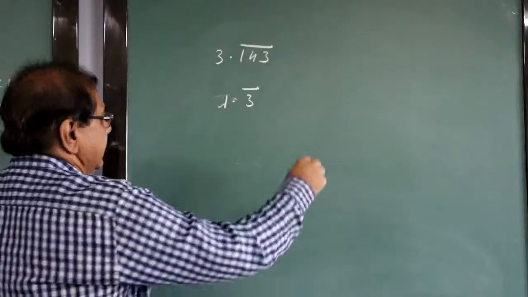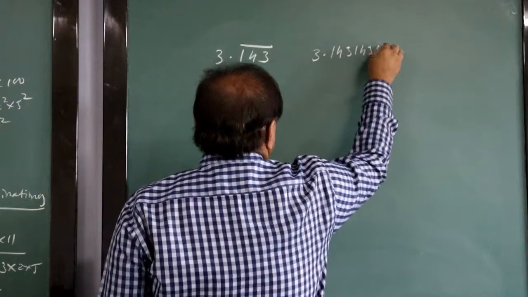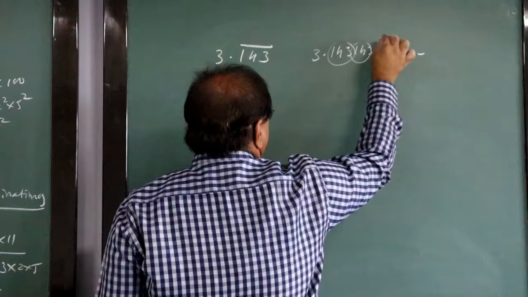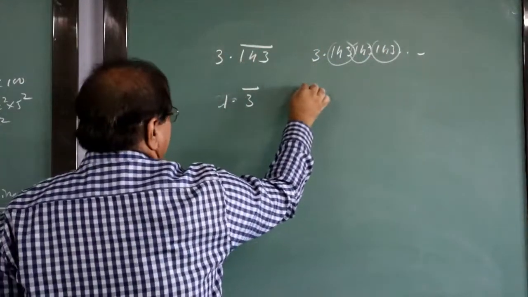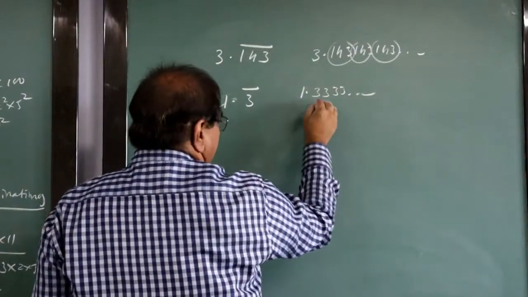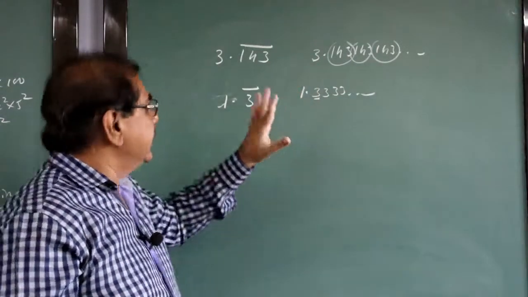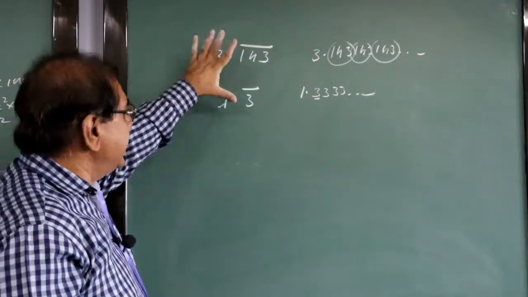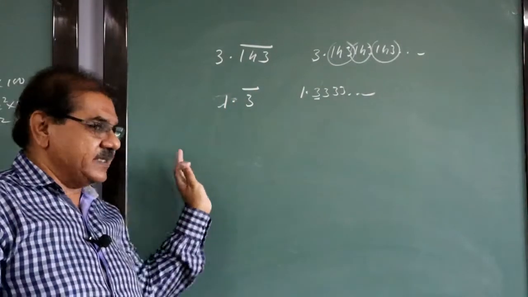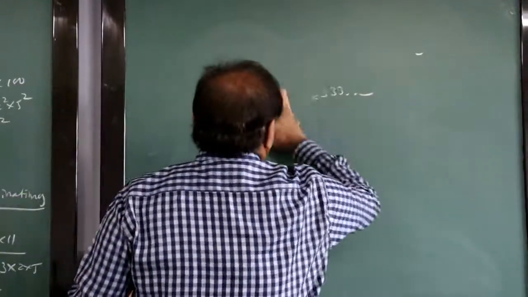If I write this in decimal form, 3.143 and so on, here the block is repeating, and here it is 1.3 bar, so it is 1.3333 and so on. So only one figure is repeating. This is how you can understand that if it is a repeating decimal, then it is a rational number. Okay? And if the number is neither repeating nor terminating, then it is an irrational number.